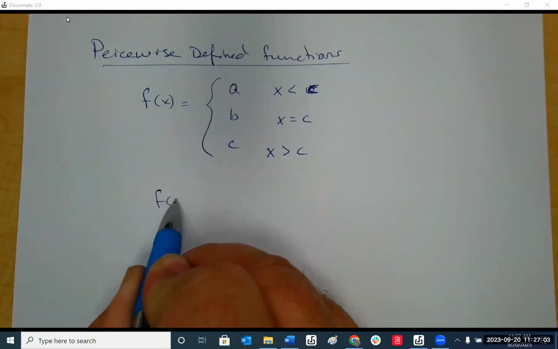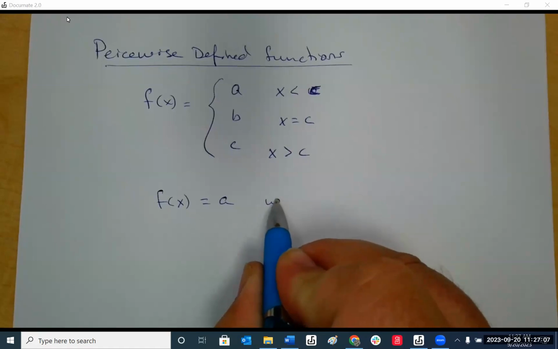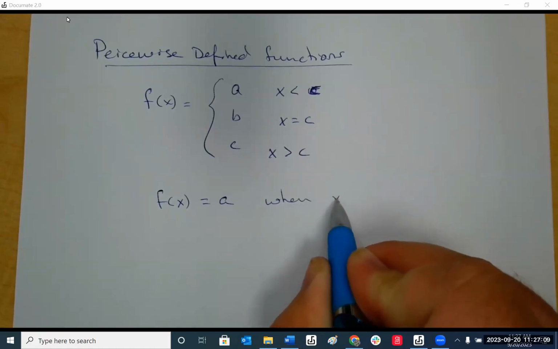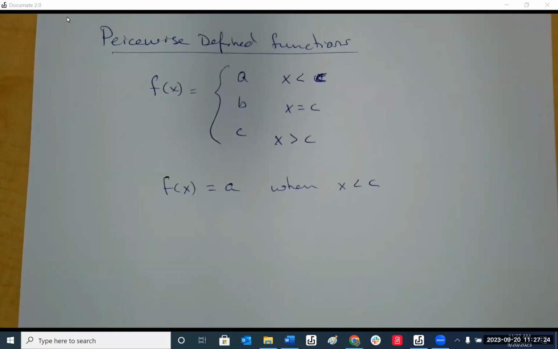For the first one, f of x equals a when x is less than c. What kind of limit can we find there? Is it one-sided or two-sided?